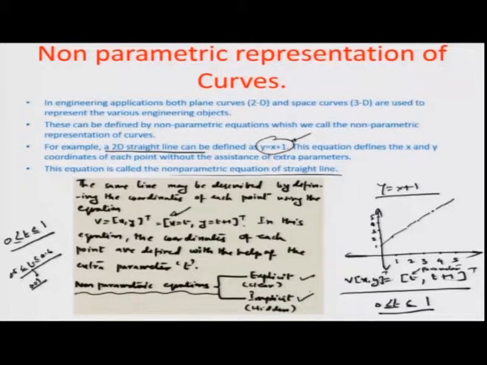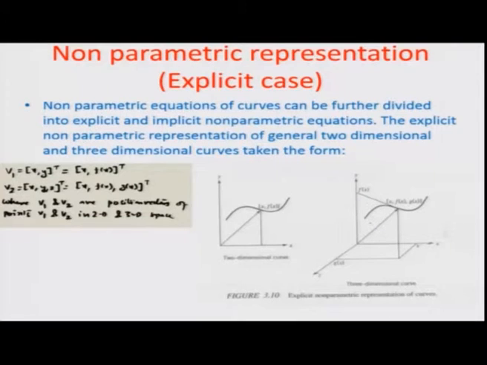For example, if I were to look at a certain curve, this was a straight line, so it was very simple to do, but in a curve, for example, y equal to f x, which describes any general curve as is shown in this particular figure, it is a 2-dimensional curve. Corresponding to a certain value of x, you have a certain value of y.